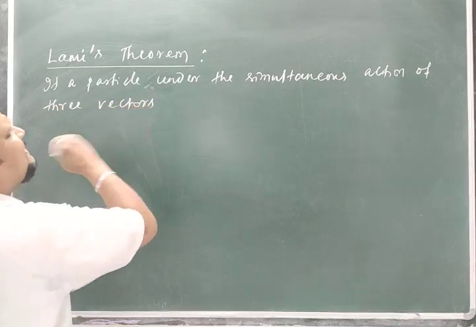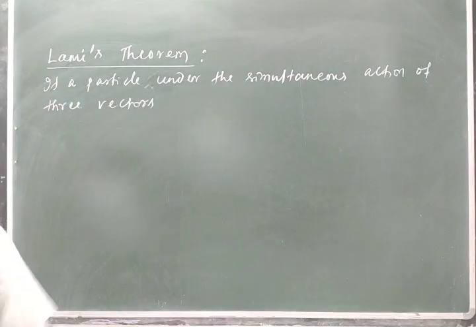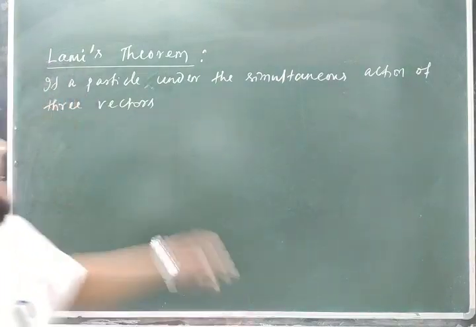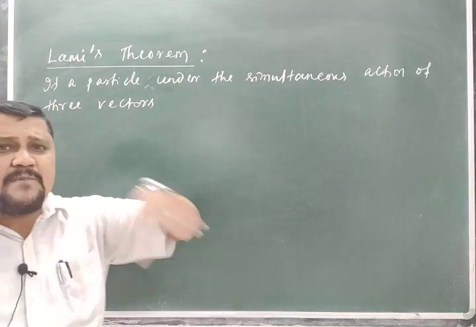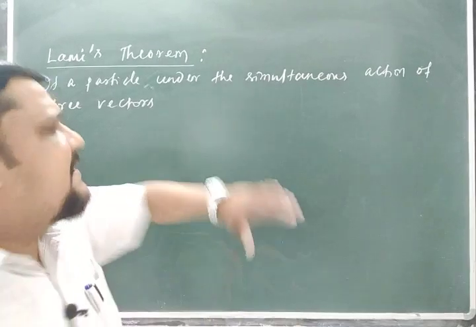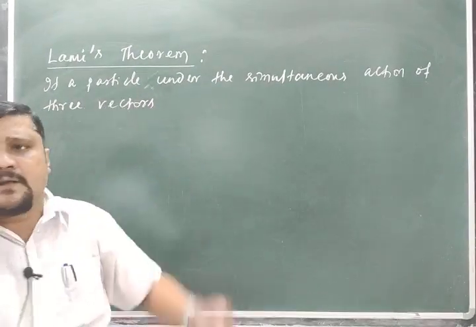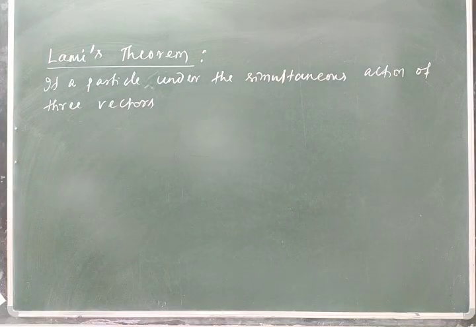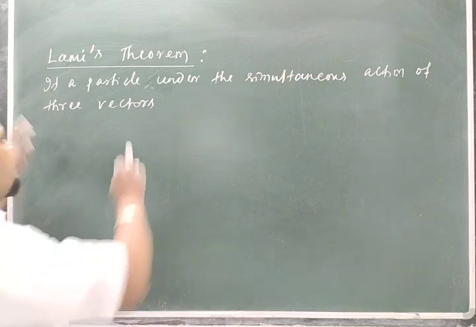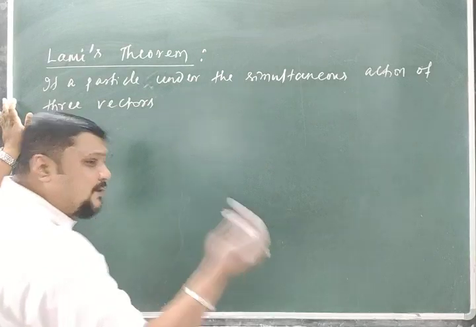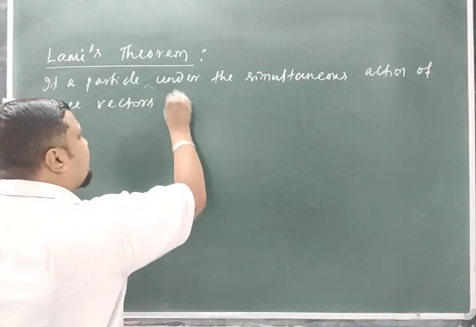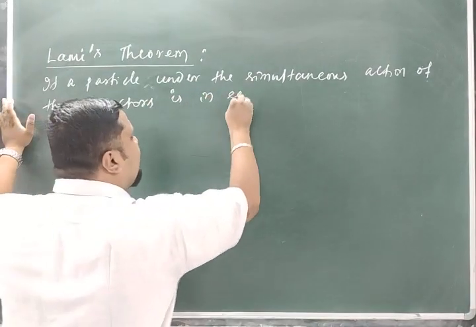These vectors may be three forces, you can think that the vectors may be three forces. And if a particle is under the simultaneous action, meaning at a time the three vectors are acting on the particle or the body, and the particle is in equilibrium under this action, is in equilibrium.